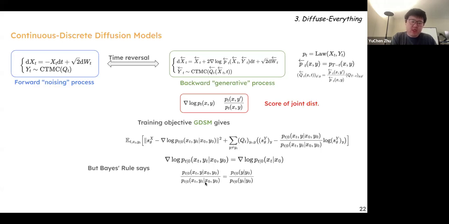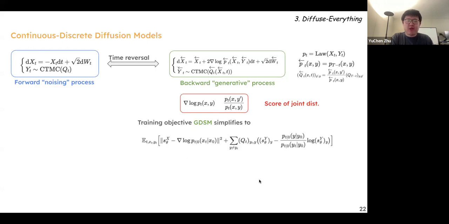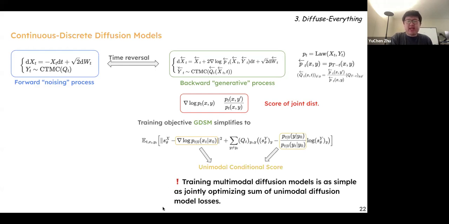The multimodal joint discrete score will be the same as the unimodal discrete conditional score. So if we plug it back in, this simplifies to this expression, where we're matching the neural network with the unimodal conditional score for both of the modalities. This has the important takeaway that training a multimodal diffusion model in this framework is as simple as jointly optimizing a sum of unimodal diffusion losses.